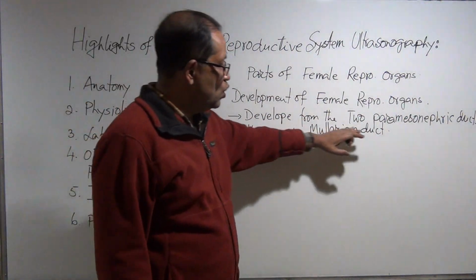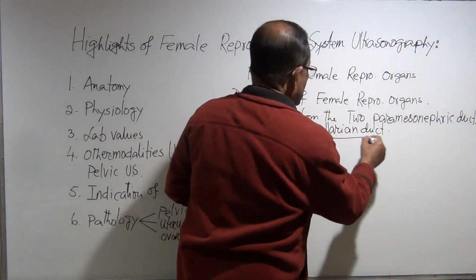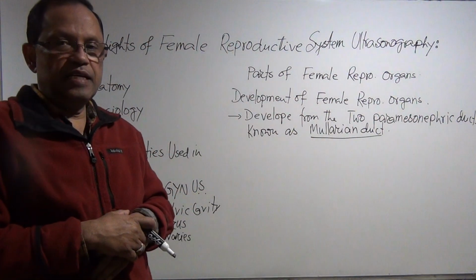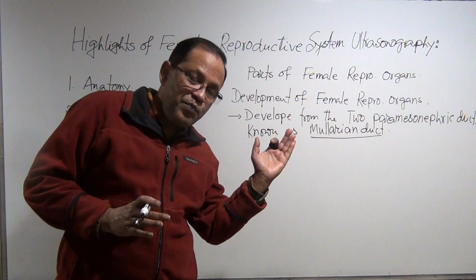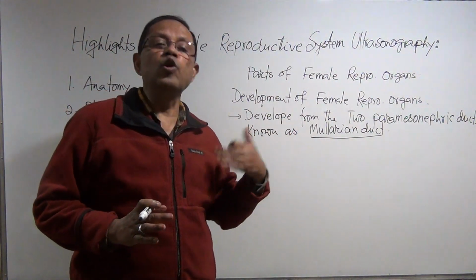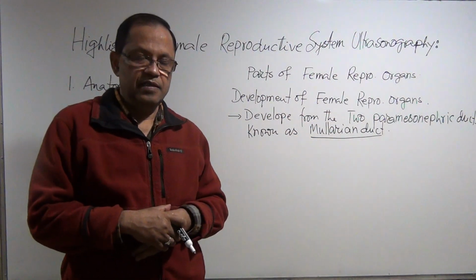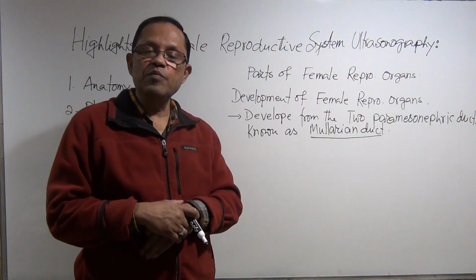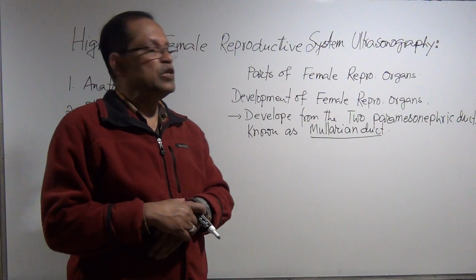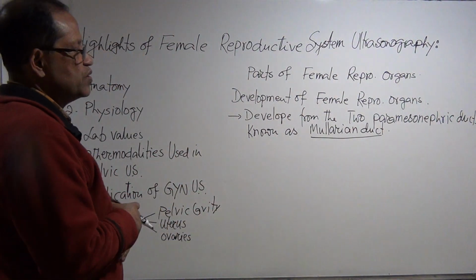Okay, make sure you know this, because they ask this question in the board. The male reproductive system develops from the Wolffian duct, and the female reproductive system develops from the Mullerian duct, also known as the paramesonephric duct.